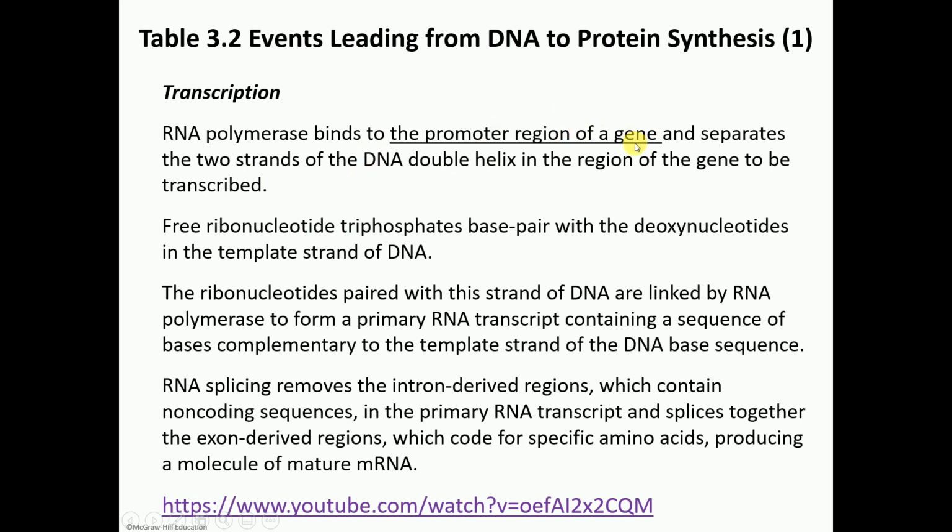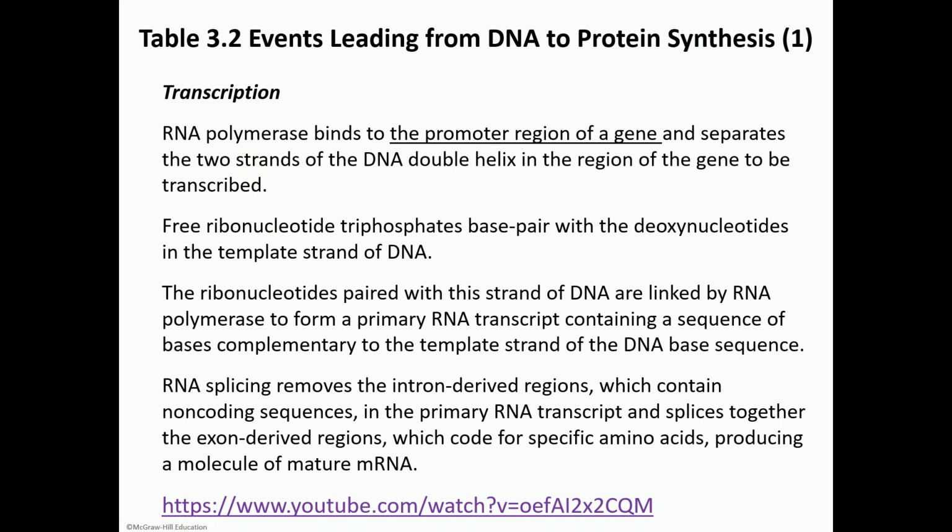It won't just randomly bind to any part of the gene; it has to be the promoter area, which is the area where the whole process of transcription is going to start. First off, you have to split the double helix by breaking the hydrogen bonds between the bases, so you unwind it, and then you start the transcription process.